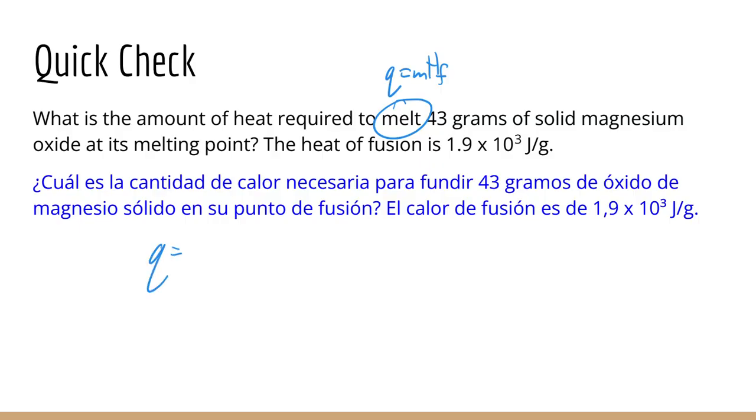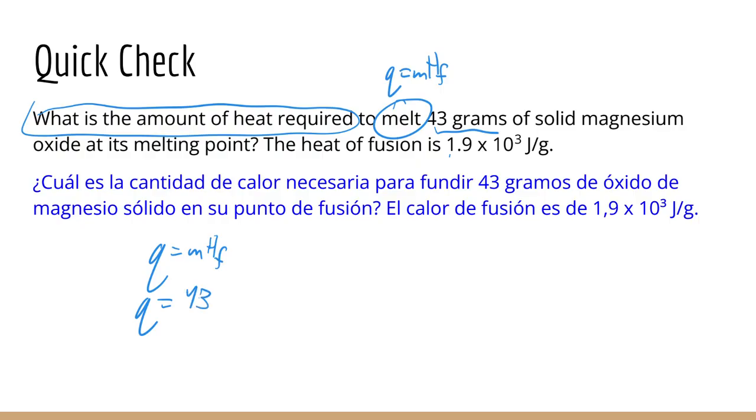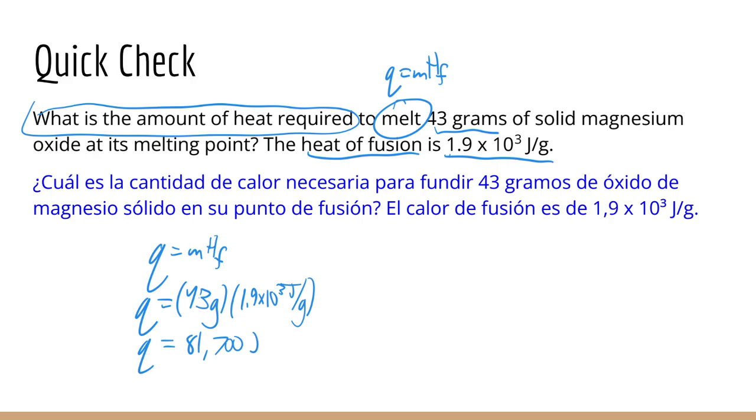We're solving for Q, the total amount of heat. The mass is given right here, 43 grams. And it tells us the heat of fusion is 1.9 times 10 to the third joules per gram. We multiply that through, and we get 81,700 joules.